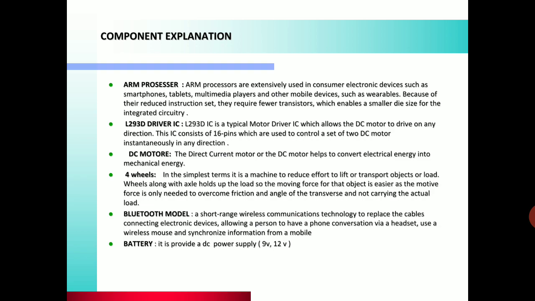The DC motor is used to convert electrical energy into mechanical energy, and the four wheels are used to move the device in any direction, and the Bluetooth module is used to control the system. Here we also use the 12-volt battery for providing power supply to the system.